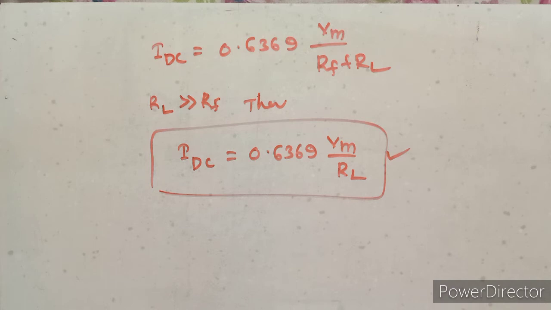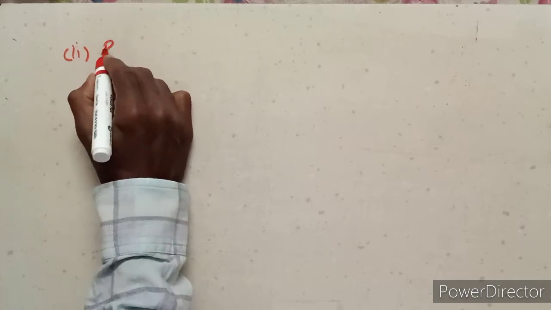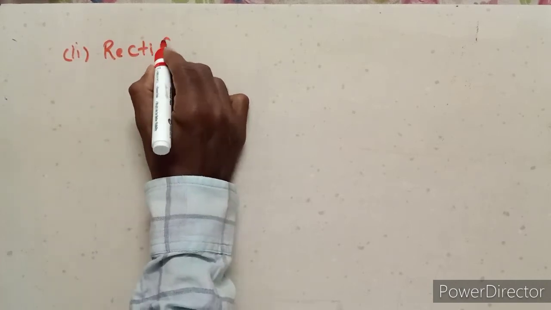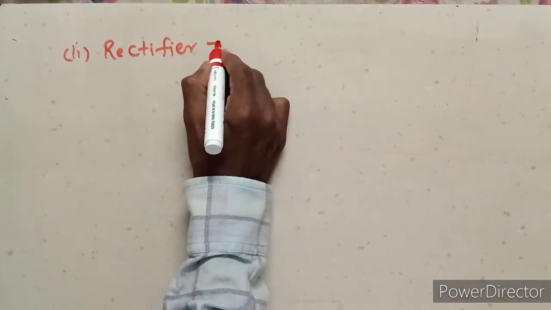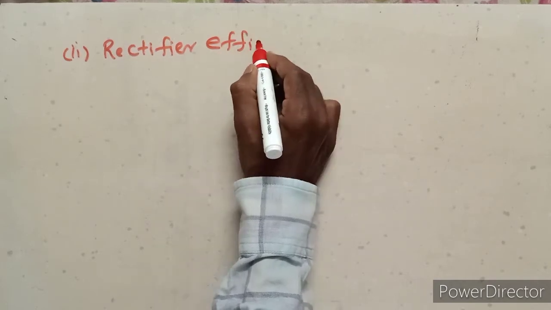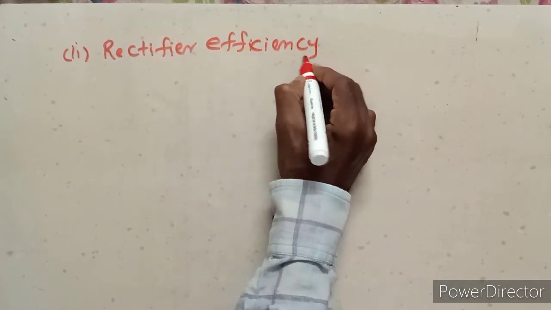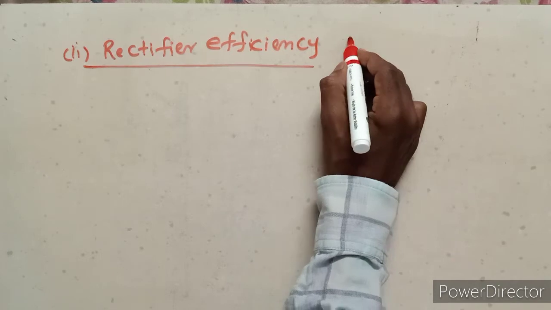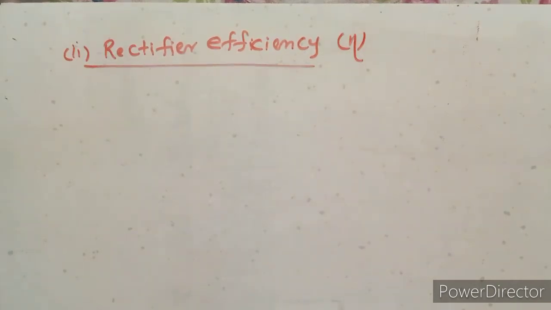Our next parameter is the rectifier efficiency, denoted by eta. What is the definition of eta?